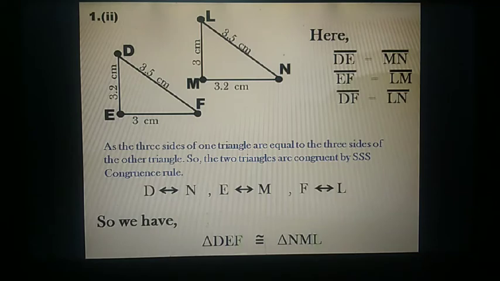Now we will move to the fourth sum. Here we can see there are two triangles, triangle ABD and ADC, which have this AD common. The dimension is not given to you, but it is common, so it will have the same length.